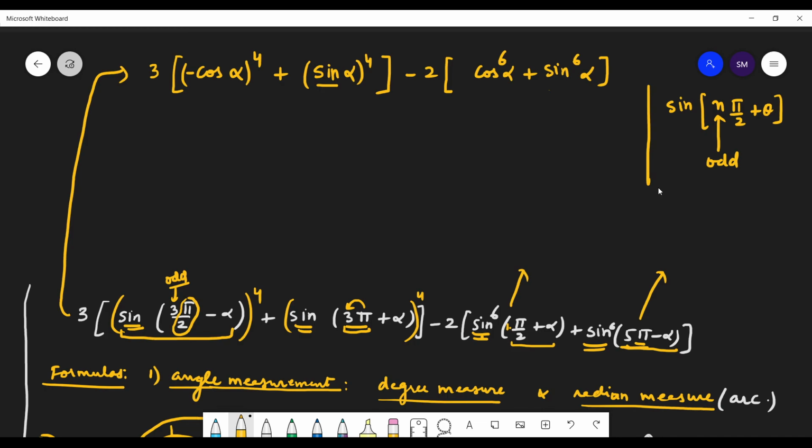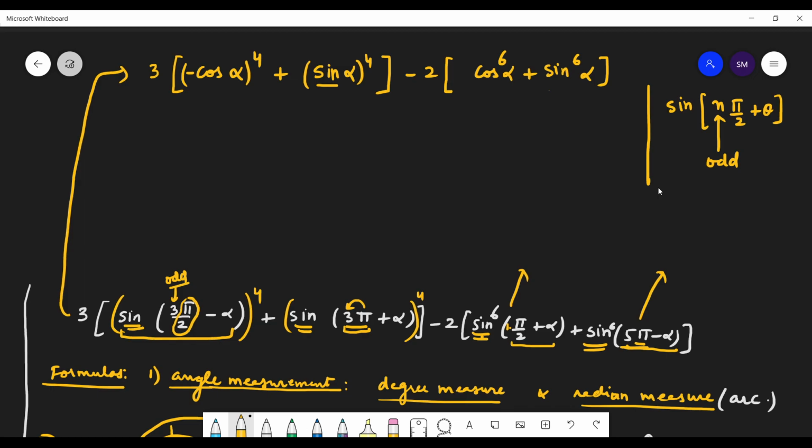Sine square x raised to the power 2. So a square plus b square, I have changed it. Now this I can change as cos alpha. So this is a cube plus b cube. This is the third time I think we are using it today.